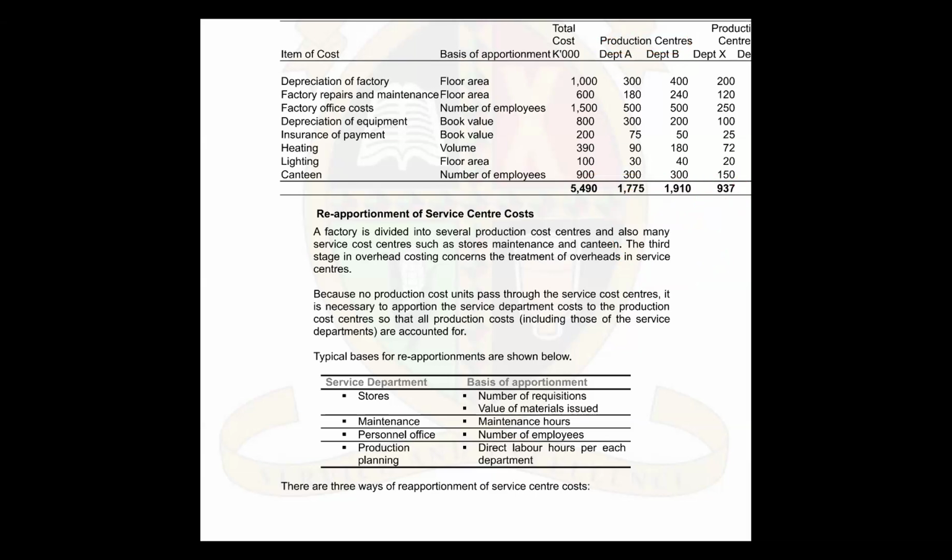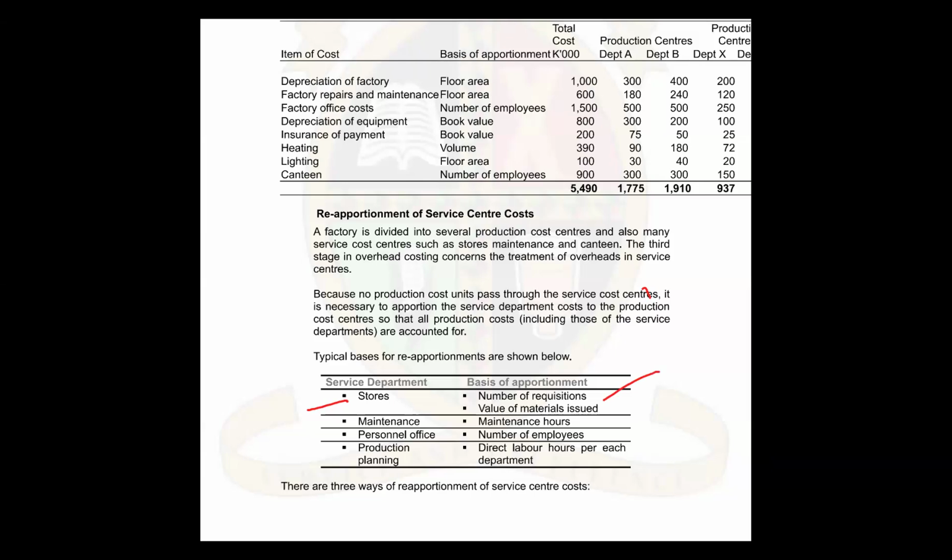All right. Now, the service departments are quite different depending on the question that you may have. Number one, you could have stores. The stores department is basically a service department. The most appropriate basis of apportionment for the stores department is the number of requisitions made or the value of the materials used by each department.